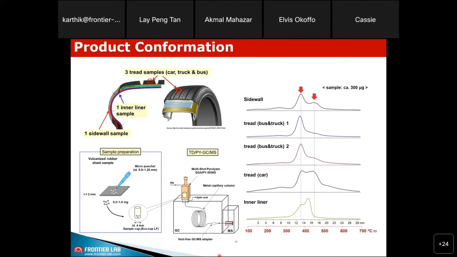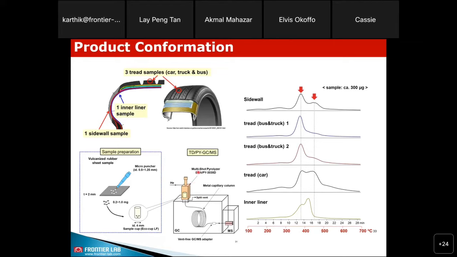To take the sample, you use a cutter or sometimes a puncher, and the sample is introduced directly. This is done by flash pyrolysis for determining the type of rubber material. But for additives, you have to do the thermal desorption.